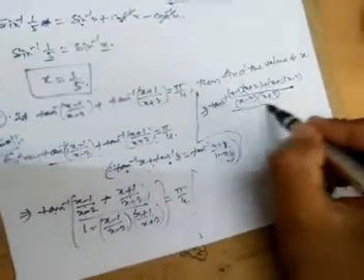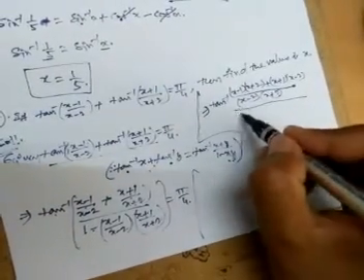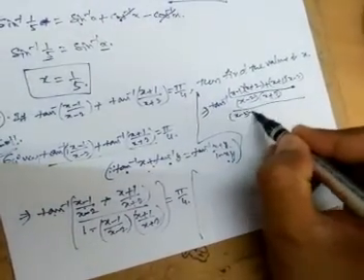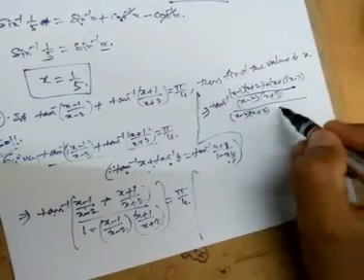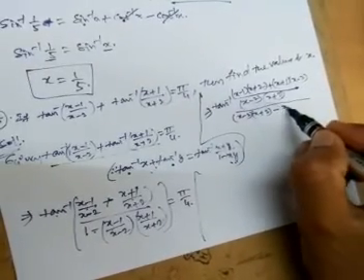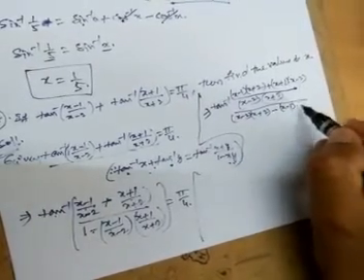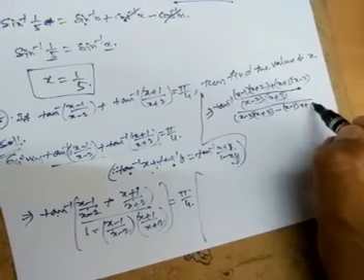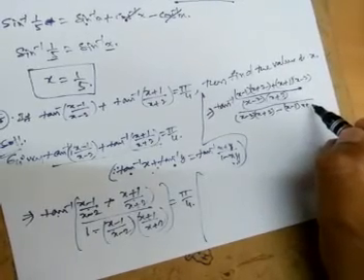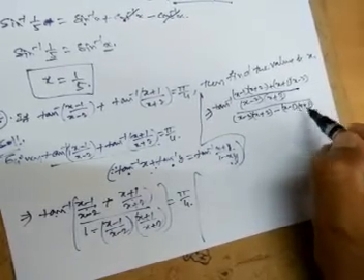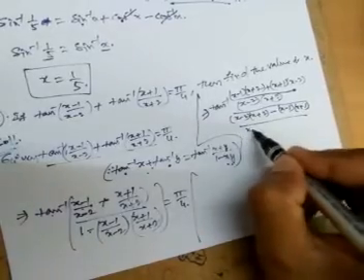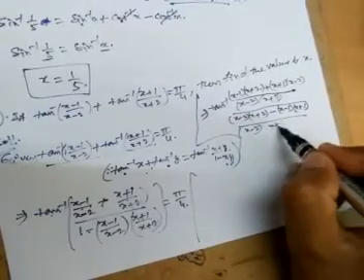In denominator part, (x minus 2) into (x plus 2) minus (x minus 1) into (x plus 1) by (x minus 2)(x plus 2).